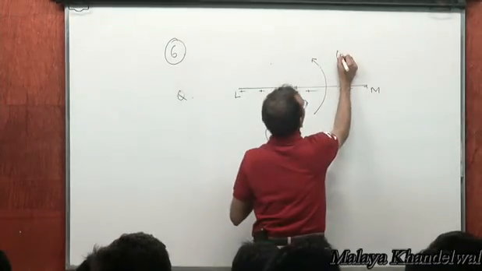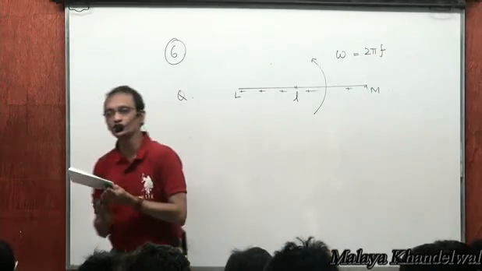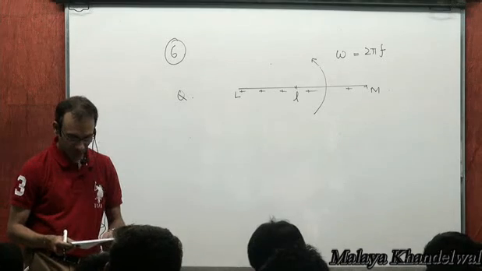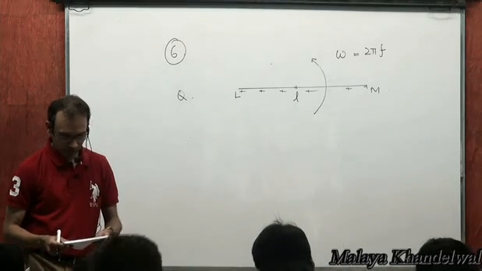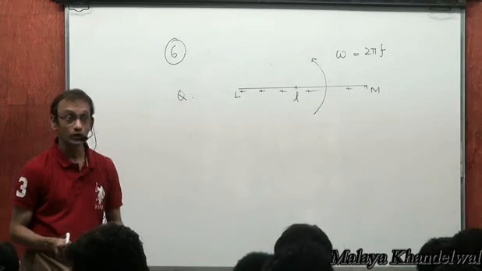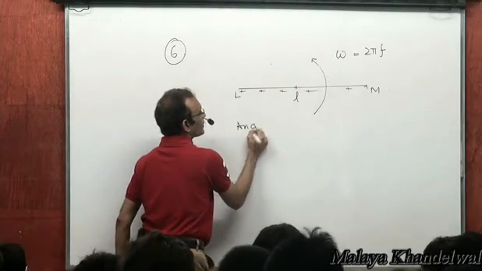That means with angular velocity 2 pi f, right? We want to find its magnetic moment mu. Now, what is its angular momentum about L?